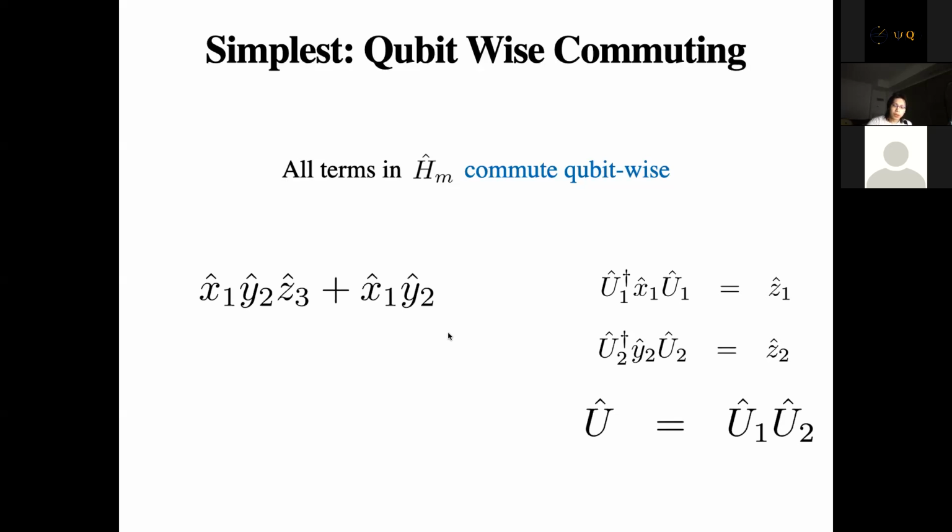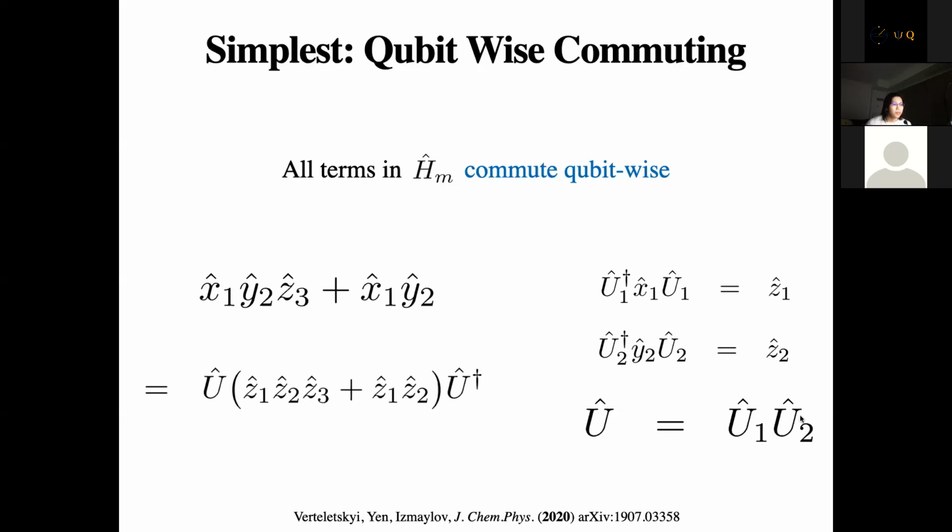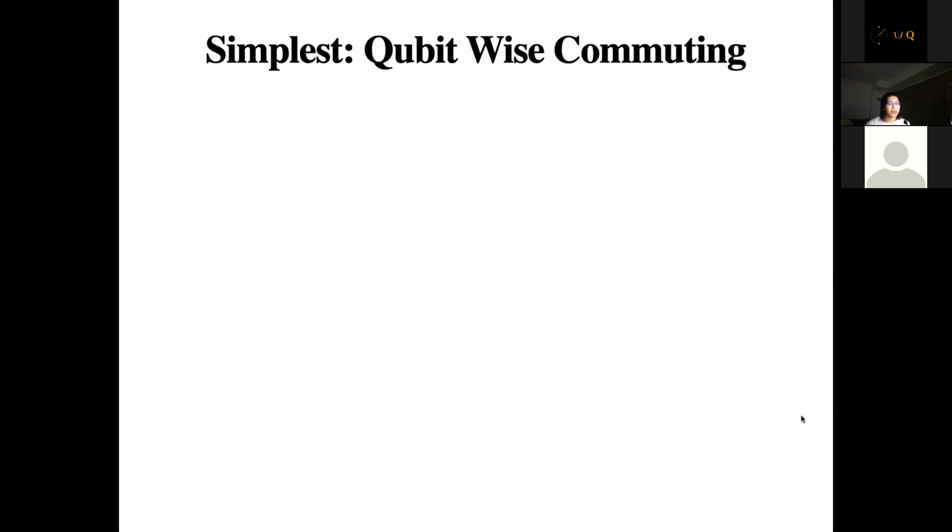Now, using both of these unitaries together, you can find the unitary that, when you apply it back to these two terms, gives you just a sum of Z operators. And remember, Z operators are something that we can measure. So we can proceed as we discussed: apply this unitary on the wave function, and just measure Z1, Z2, Z3.